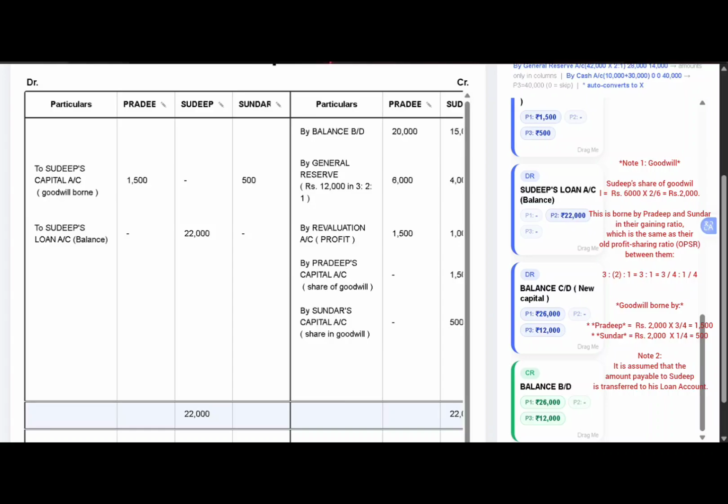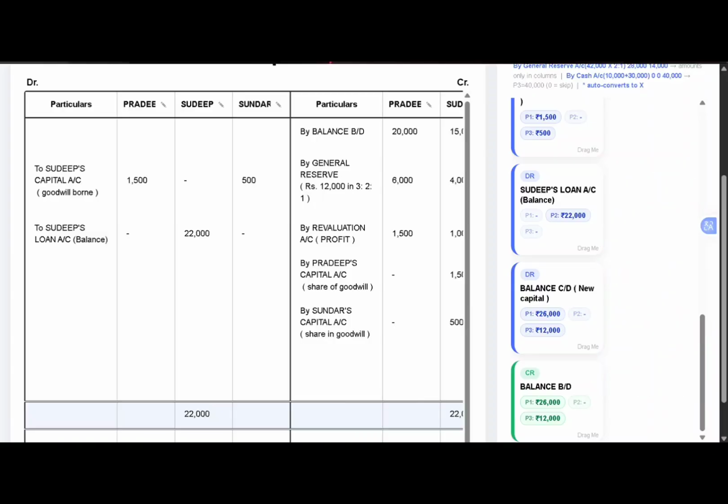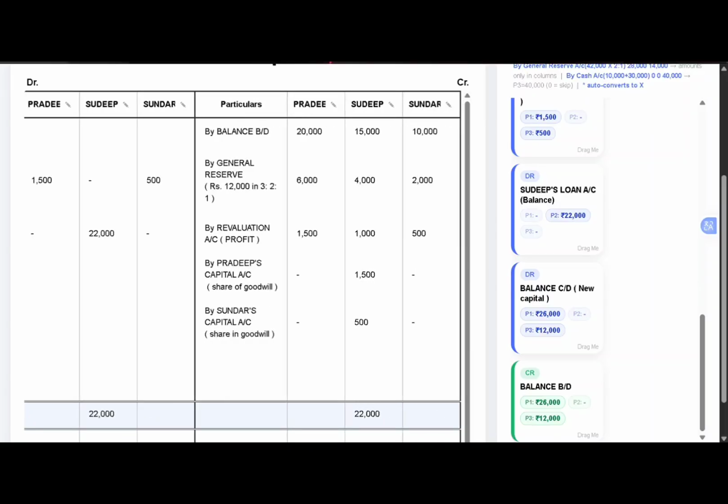Now once we have balanced the retiring partner's account, now we have to balance the remaining partners' accounts. So the total of the remaining partner, Pradeep's capital account, will be 27,500. That's the credit side total, which is higher. So write the same total on both the sides, 27,500.